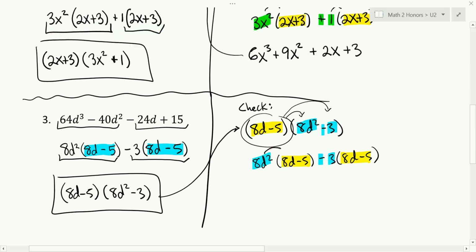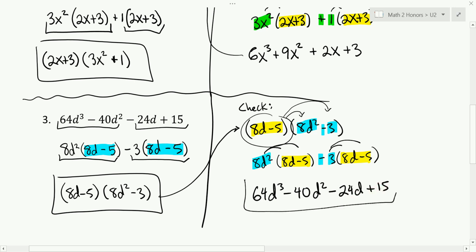And then continue to distribute, and we get 64d to the third minus 40d squared minus 24d plus 15, which is what we started with. Again, if you're able to do that, you're doing things right.